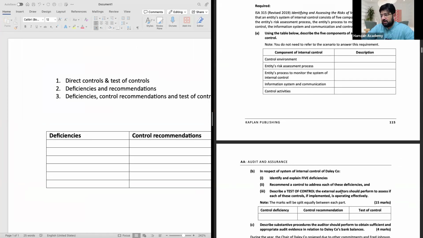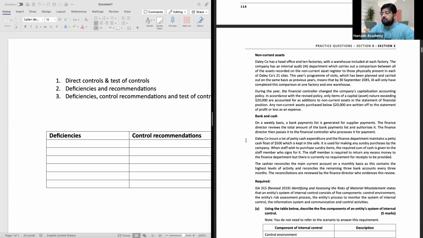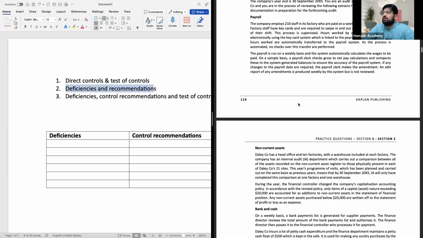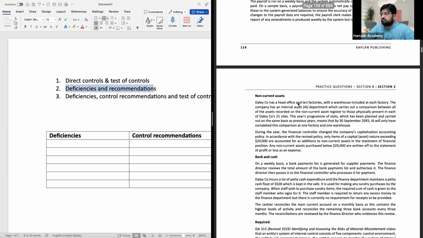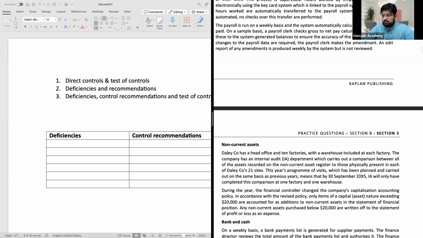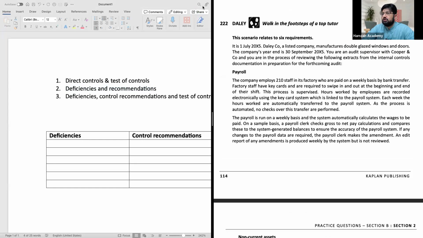So 3 requirements, 15 marks. The first two parts are similar to the way we did these questions in the last sessions. So 5 deficiencies we need to identify.